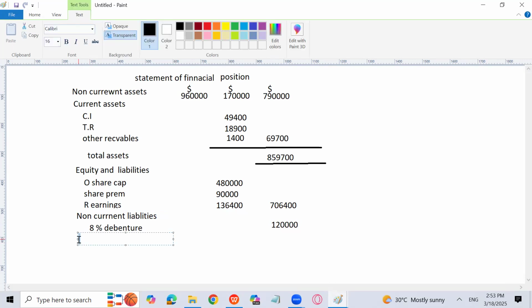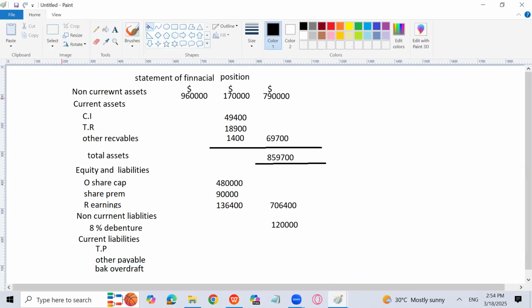And now I will write the current liabilities, which includes trade payable, then other payable, and bank overdraft, and there can be some accrued expenses also, but that is a part of the other payable, so we don't need to write it separately, right? So let me write down the headings so it will be easier for you to understand. Equity and liabilities, then non-current liabilities, and then current liabilities.